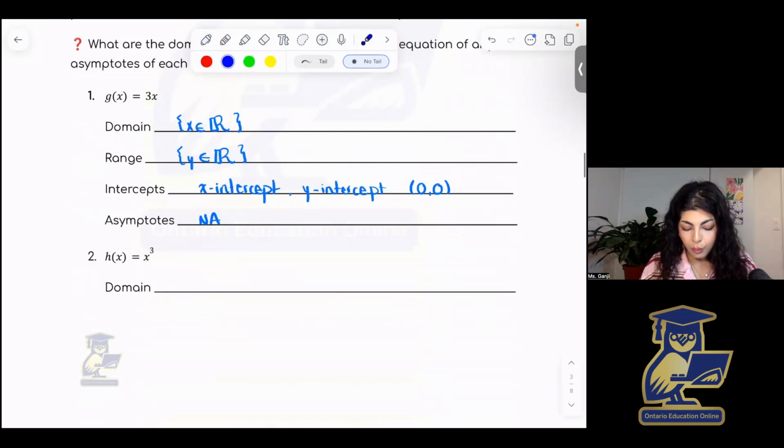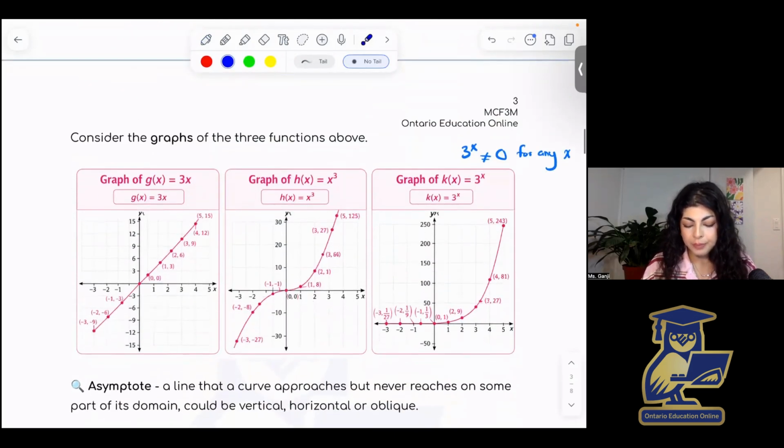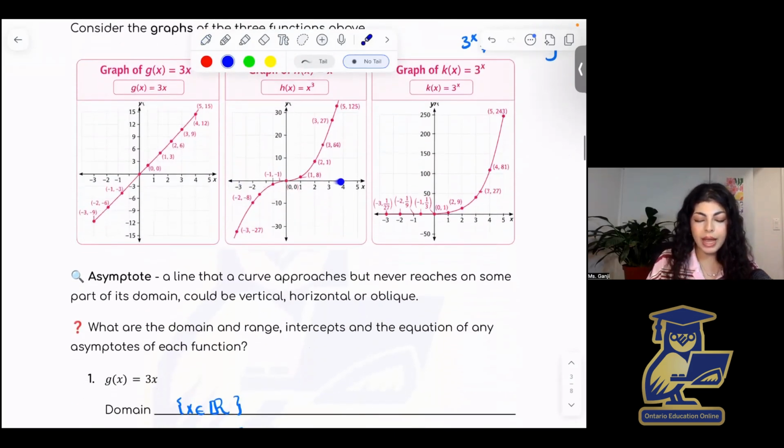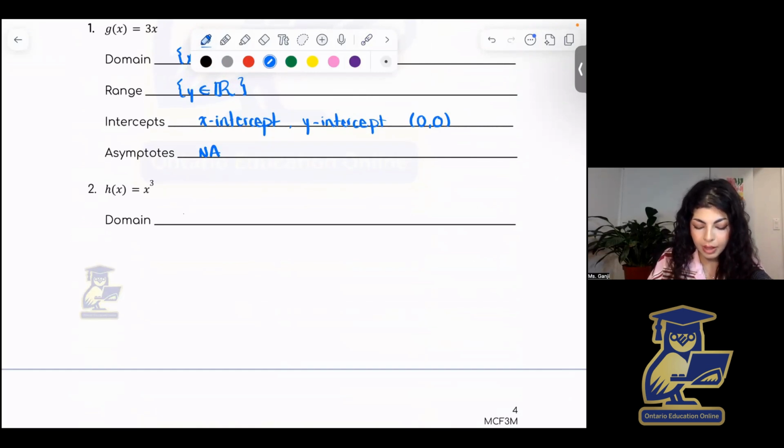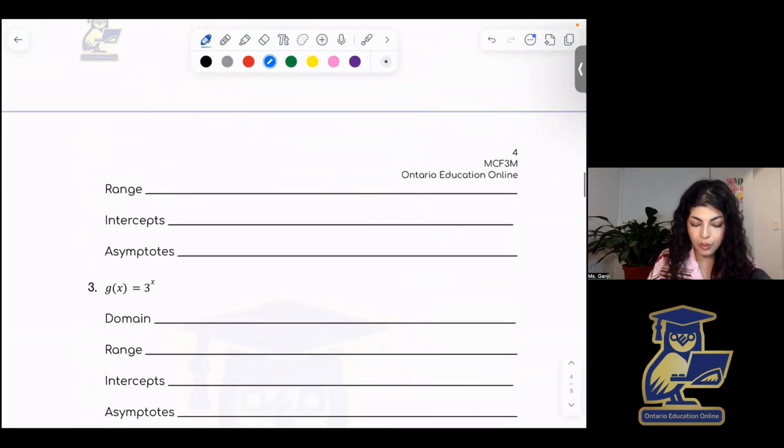Now, with x to the power of 3, the domain, of course, we can have any x value, and we can see that for the range, we can have any value as well. So similarly, we have x in the set of real numbers, and also y in the set of real numbers. And our intercept here, again, the x-intercept and the y-intercept are both (0, 0).